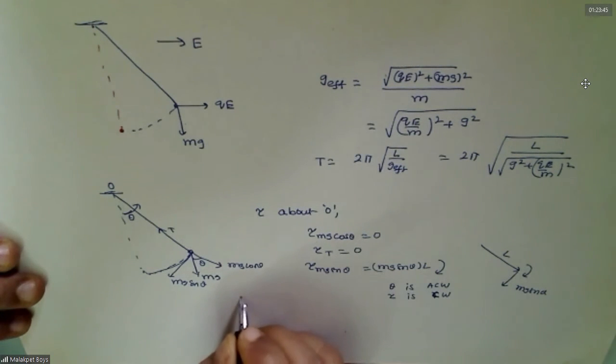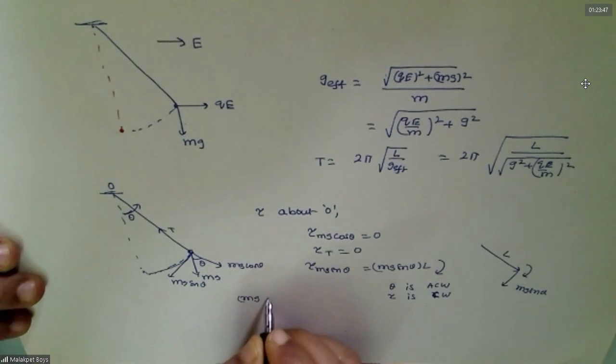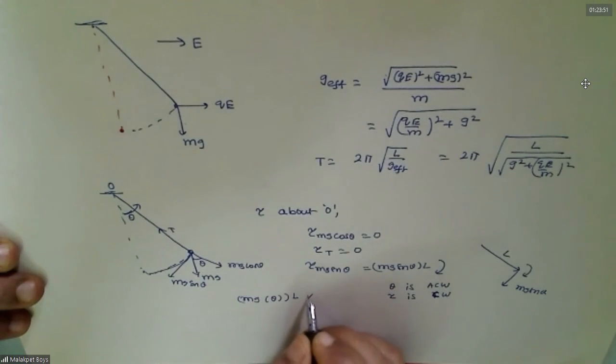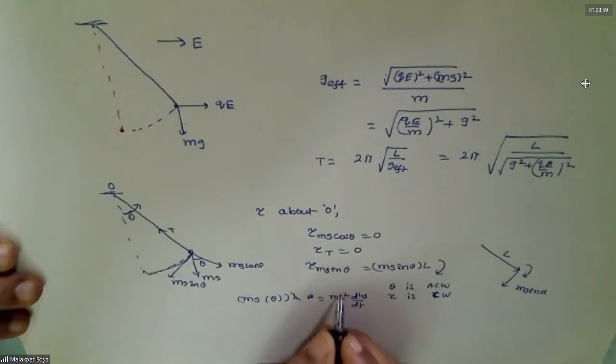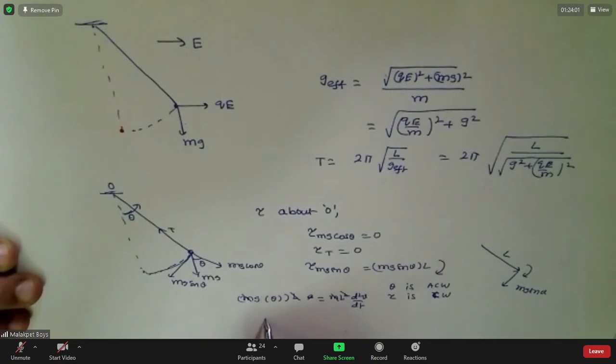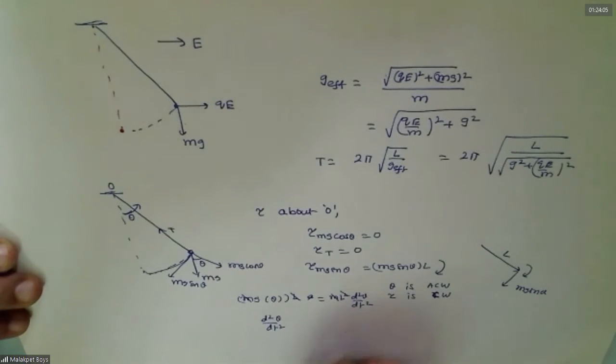So now I can take, for small angles, torque is equal to I alpha. What is I? Remember this? Why have I taken the negative sign?